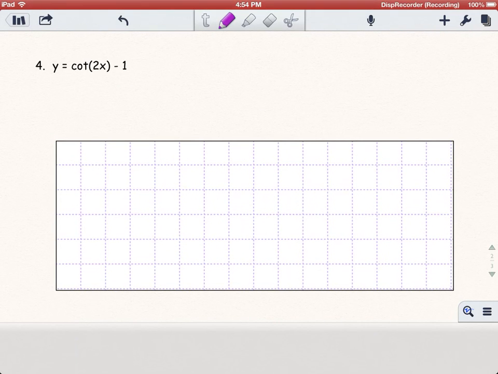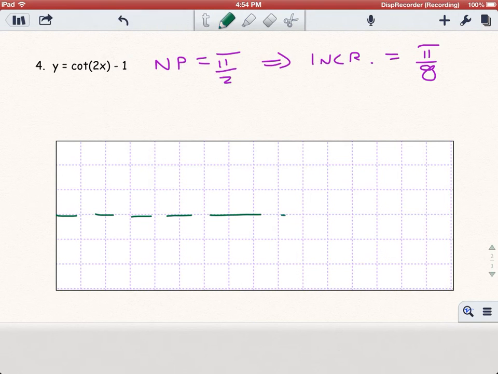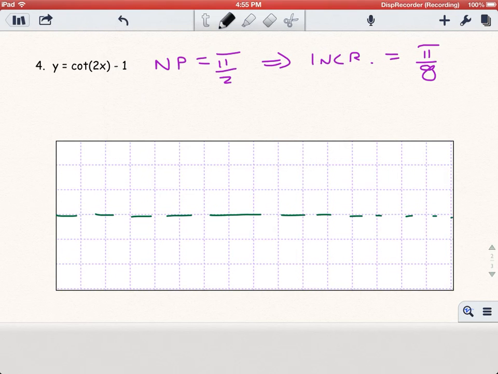And finally, the cotangent. The new period is going to be pi over 2, and therefore increments will be pi over 8. There's our equilibrium, which will represent the vertical shift of down 1.